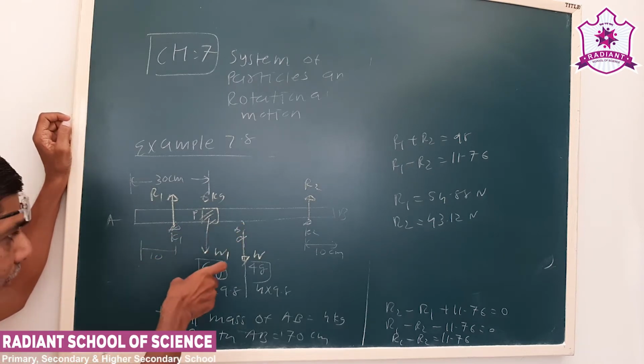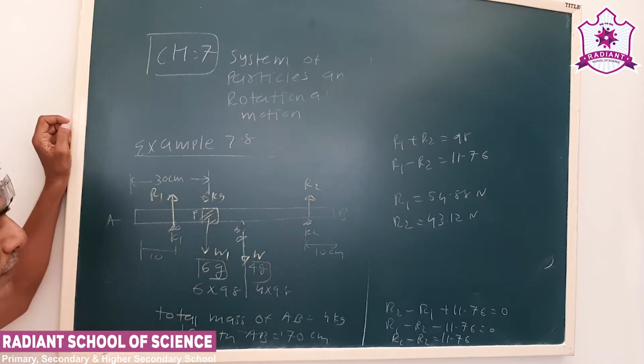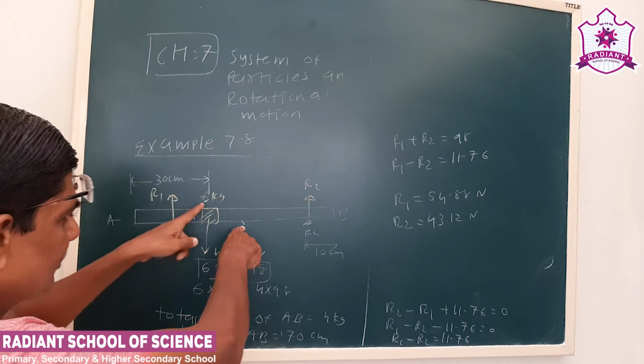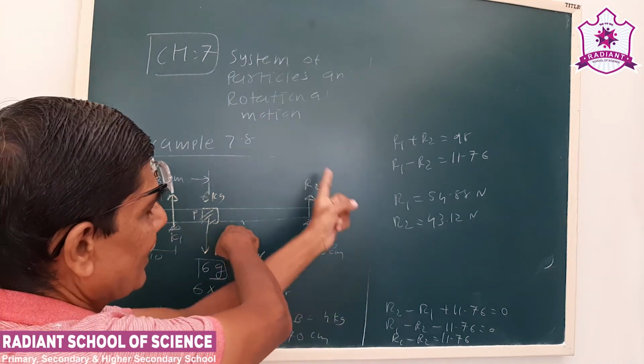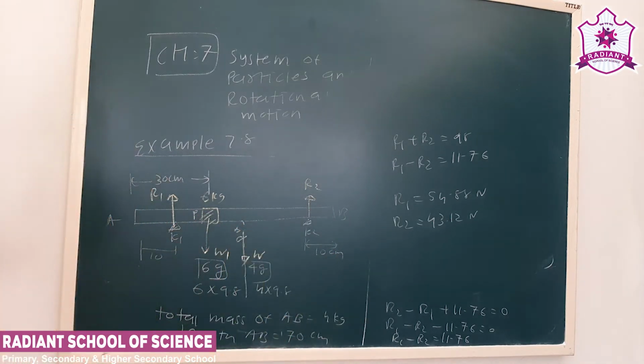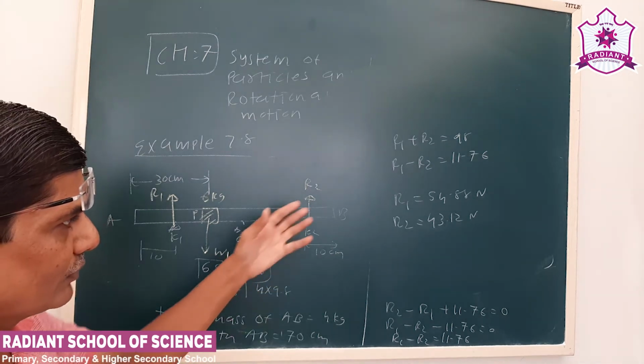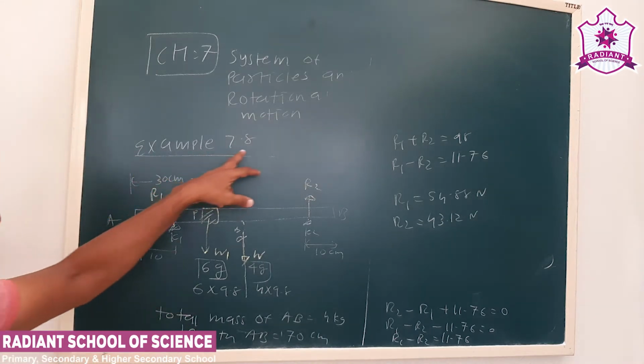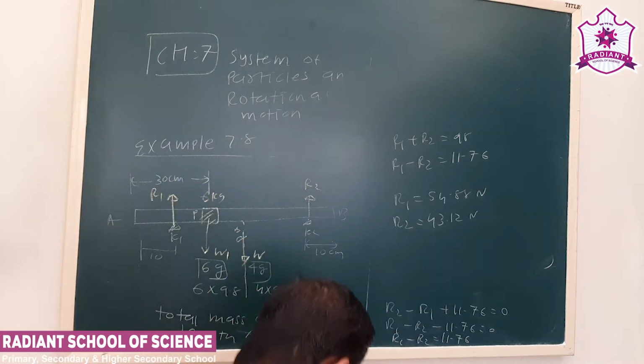Then R2 also 25 centimeter, both in opposite direction. Now G is our fulcrum. W1 will take it in the anti-clockwise direction, which we consider positive. This is how we can find the values of reactions R1 and R2. So that is example number 7.8. Now we proceed further.